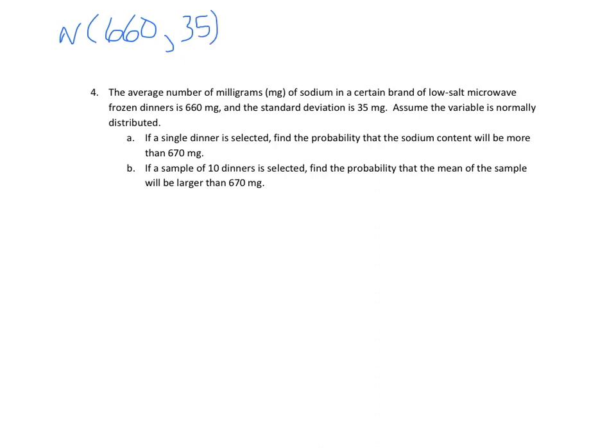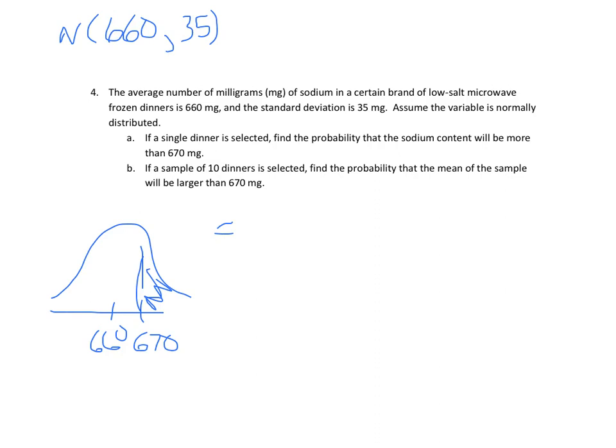And what I need is the area that's more than 670. I could draw the picture, and just for argument's sake, I will draw the picture. 670's here, 660 here. I'm looking for this area right here. I could find the z-score and then plug it in with my table. Or in this case, I want to use Excel.